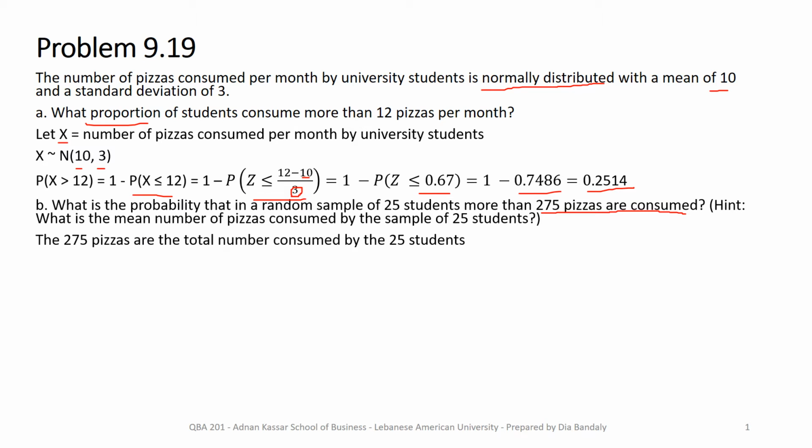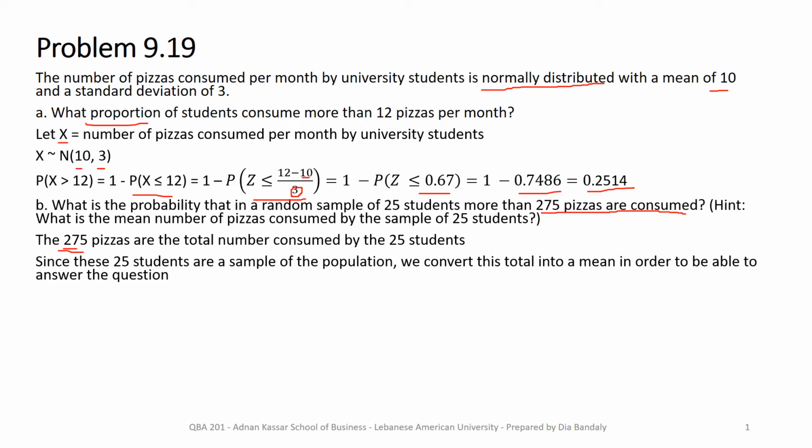So what we have to do here is come up with the mean of these 25 students from their total. We know the number of students, and we know their total consumption to be 275, so we can get the mean. And why do I want the mean? Because I need to use the X bar distribution to answer this question about the total.